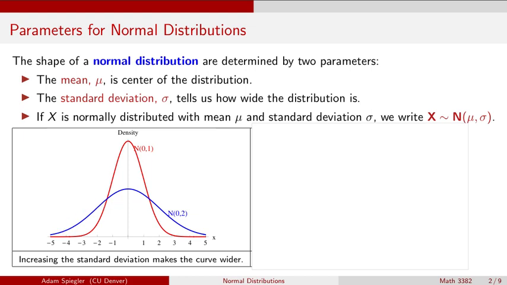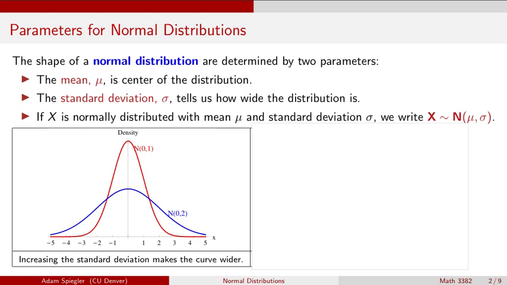The distribution sketched in blue also has the same mean, 0, so these are centered at the same point, but the standard deviation is bigger. This blue graph has a standard deviation of 2, and so we can see that makes the values more spread out, and as a result, this distribution gets flatter, shorter, and fatter, wider. So the peak in the middle gets pushed down, and we have more values on the edges.